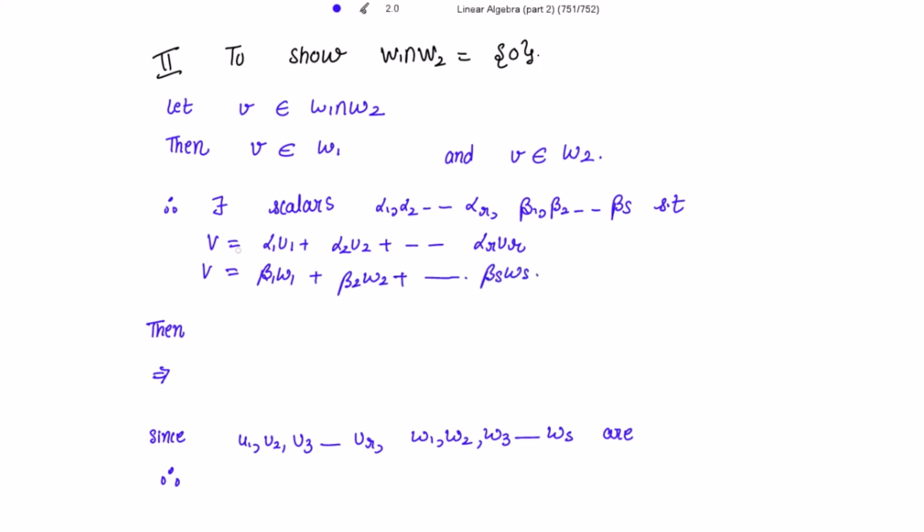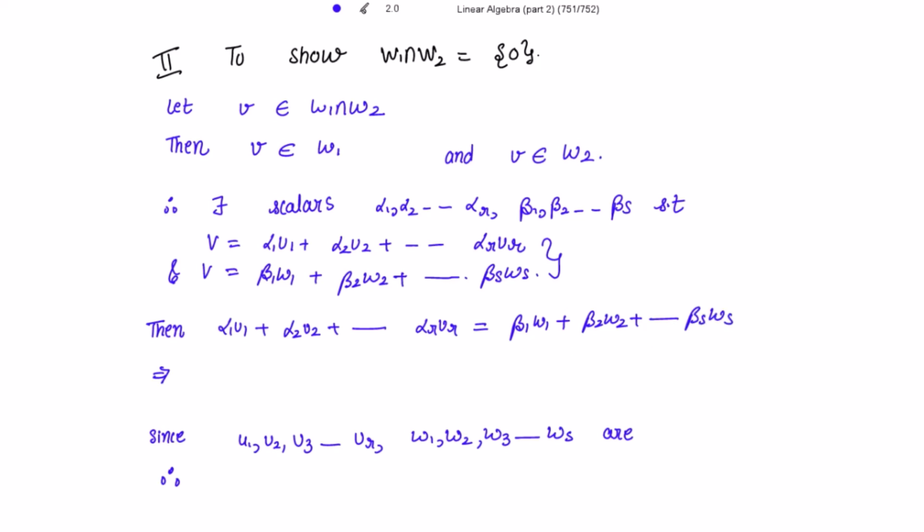Now V is equal to this and V is also equal to this, so we can equate these two. Then alpha 1 U1 plus alpha 2 U2, and so on, alpha r Ur is equal to beta 1 W1 plus beta 2 W2 plus so on, beta s Ws.